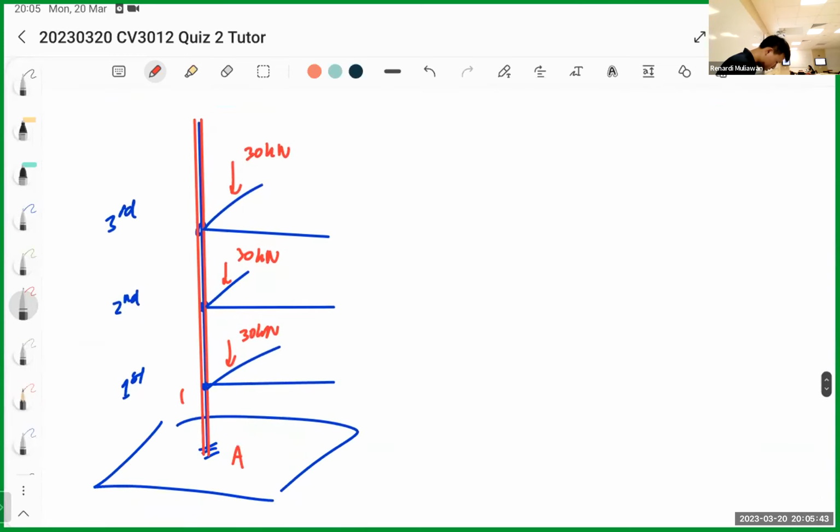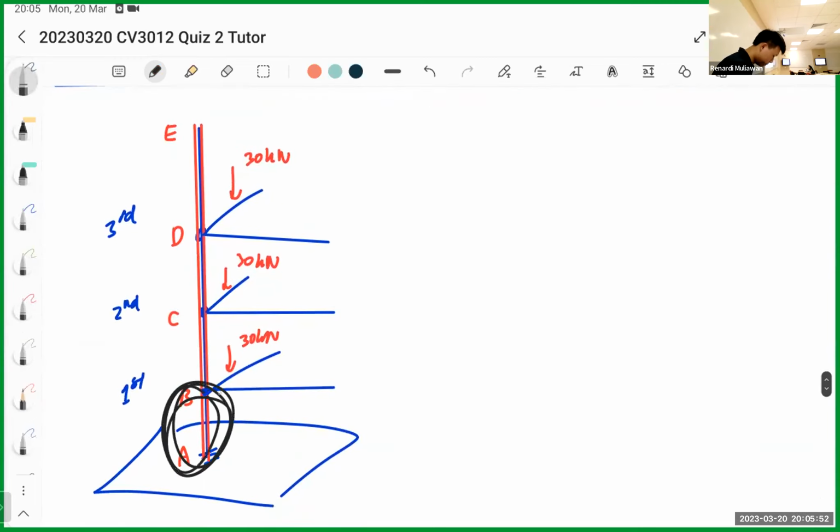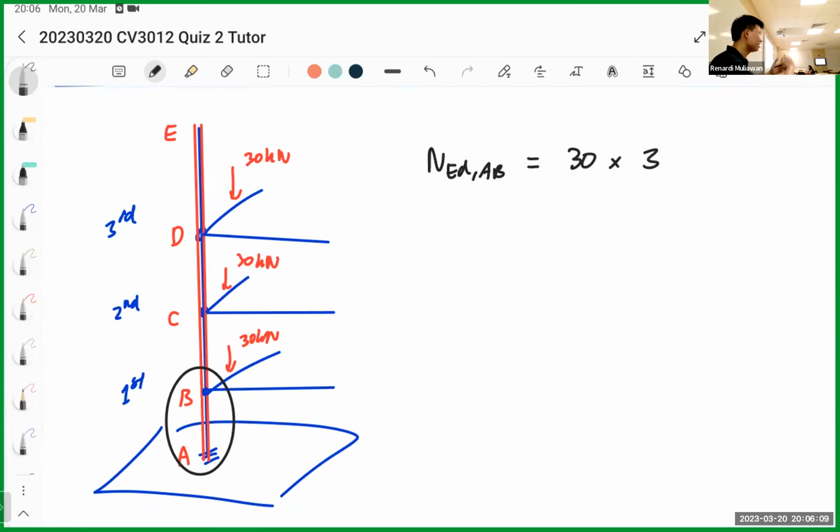This is A, B, C, D, E. So the axial force NED on AB is 30 multiplied by 3. This is a very generalized example, but I'm just trying to give you what I mean.